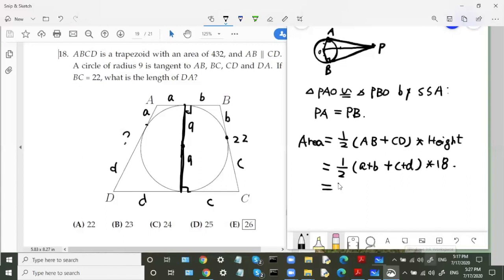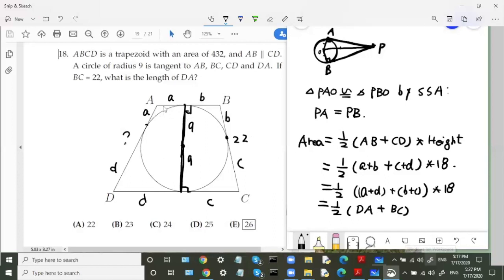And if we reorganize, a plus d and plus b plus c, times 18, we can see this can be converted to DA. a plus d is DA, and b plus c is BC.